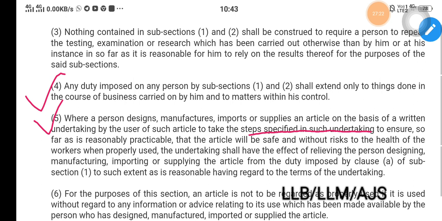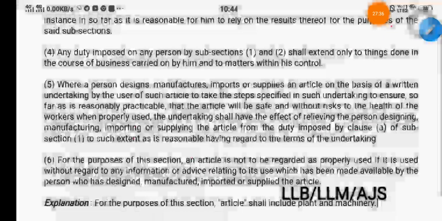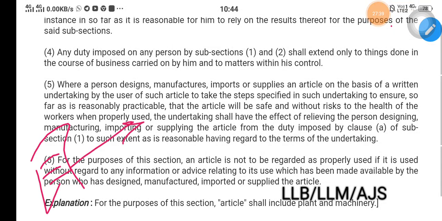So if the user himself gives a written undertaking for the safety of those articles, and the designers or manufacturers follow the same, then they shall be relieved or exempted from the duty provided under clause A of subsection 1.